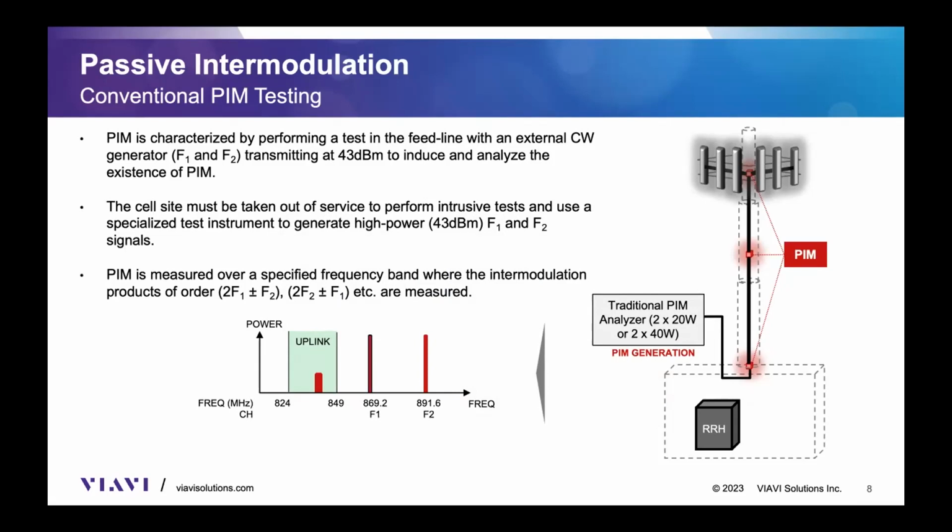And then I keep one of those tones fixed, and then I change the frequency of my second tone, so then we can mimic a wideband signal to see how that is being affected into the uplink. Now, with this type of approach, I certainly need to have different analyzers per the frequency of this radio.